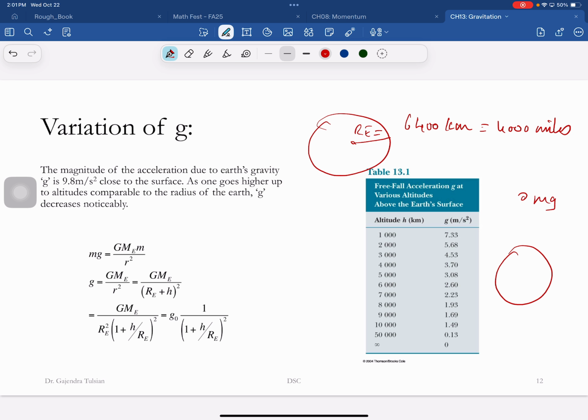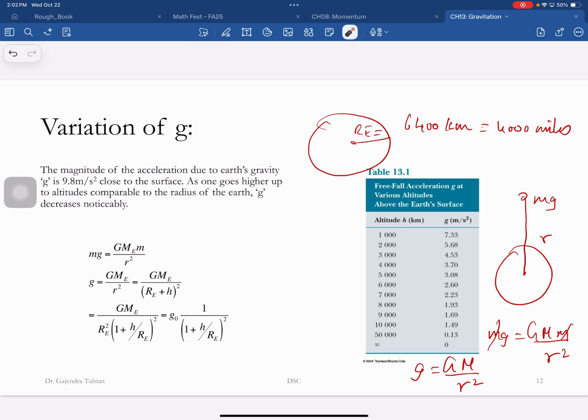mg is equal to GMm by r squared. So g is given by this formula. g is G, the mass of the Earth, divided by the distance from the center of the Earth squared. So if you're on the surface of the Earth, this is 9.8, and this is the radius of the Earth.